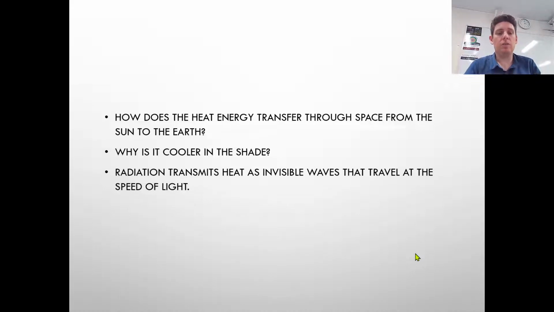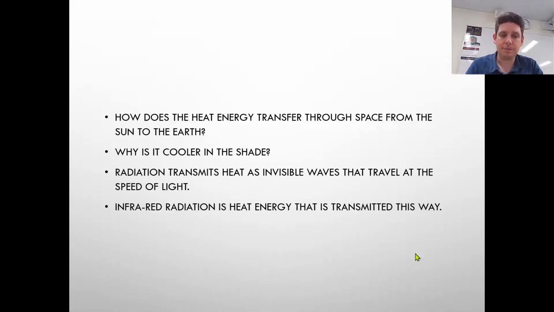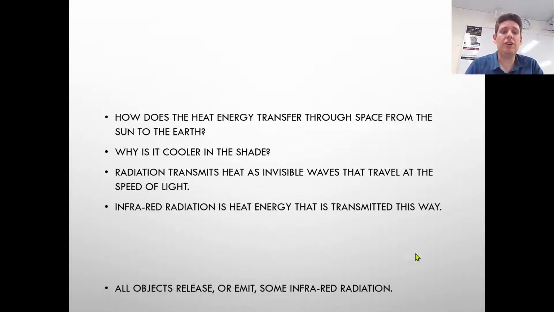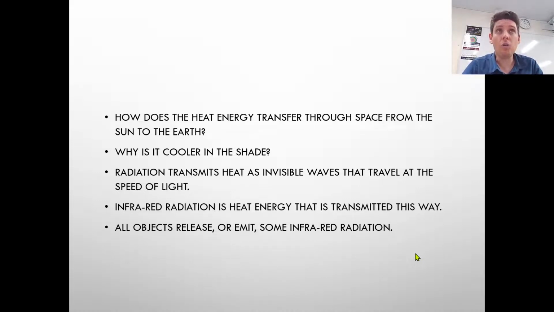So the particles aren't bumping into each other, the particles aren't moving in a circle. It's invisible waves that travel at the speed of light. Infrared radiation is heat energy that is transferred in this way, and all objects release this, whether it's a lot or small amounts.